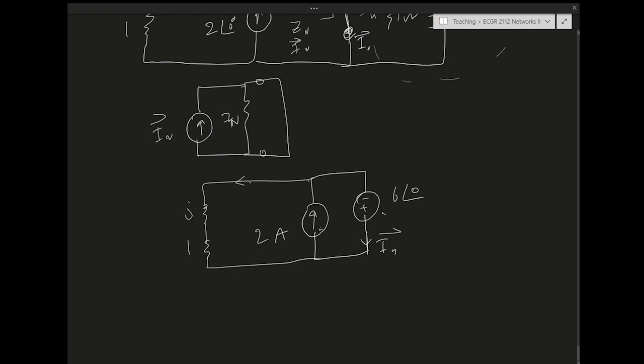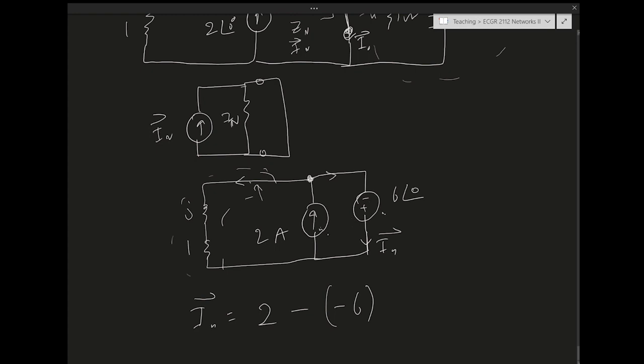This current source splits into two at this node, right? And if I find this current, it's easy to find I Norton. I Norton is just going to be 2 amps minus this current. What's this current? This current is easy. It's minus 6, right?